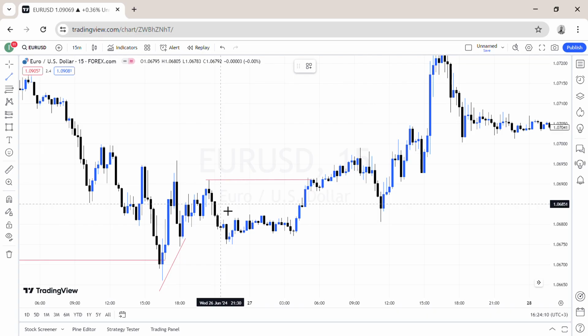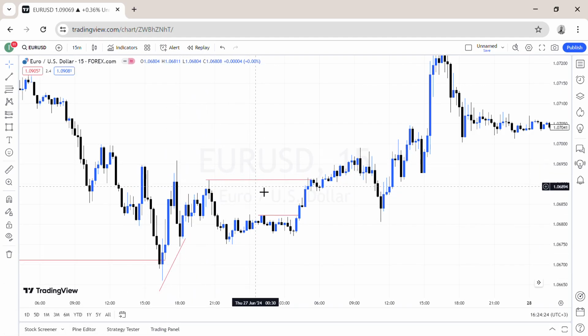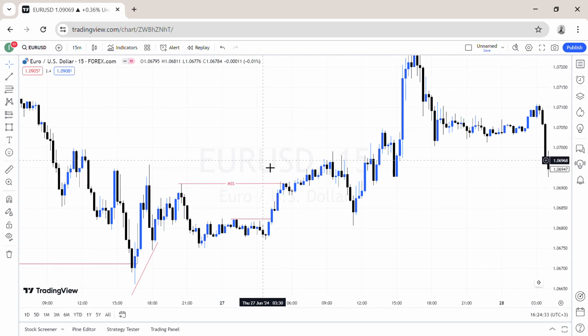Even though some people would still call this a valid market structure shift, it is, but for me, I would really want to choose this, to really have in mind that that is a valid market structure shift. So for me, I've achieved that.